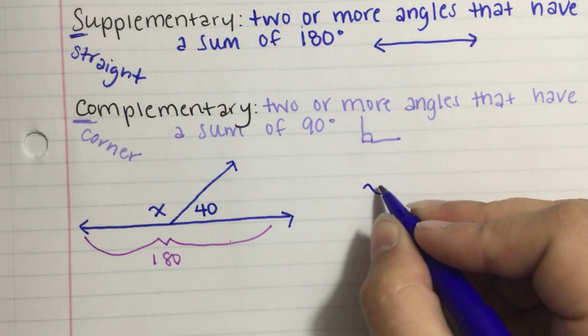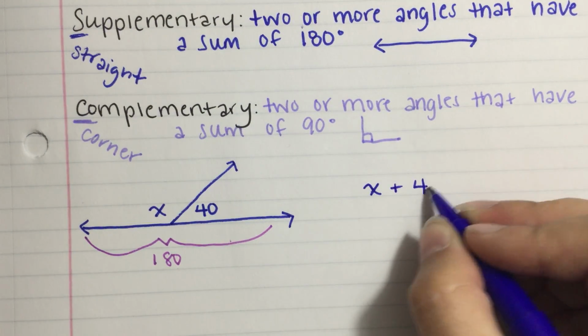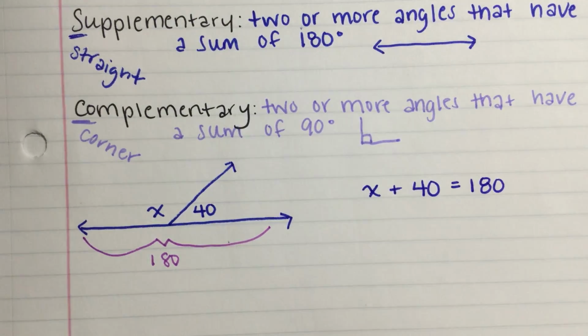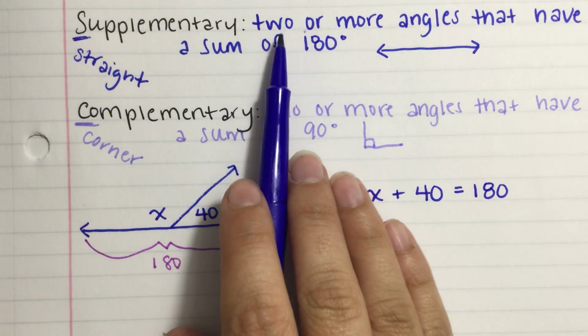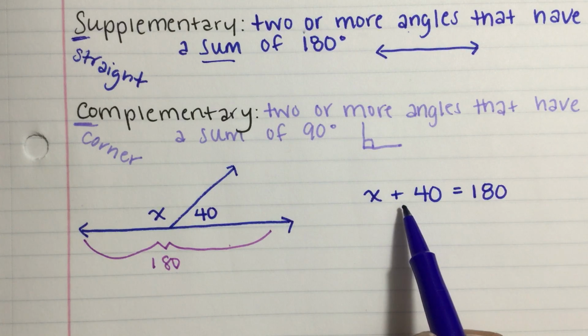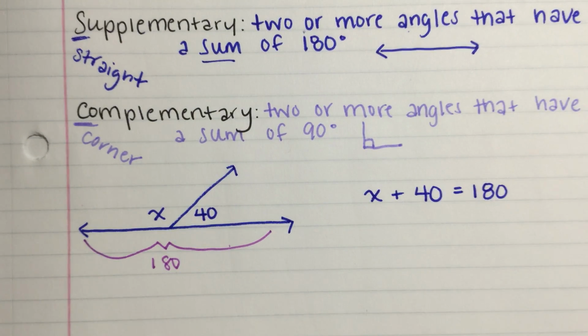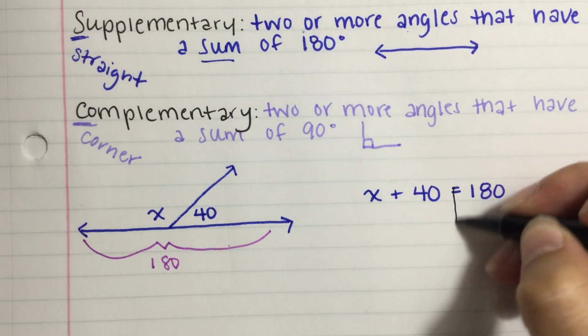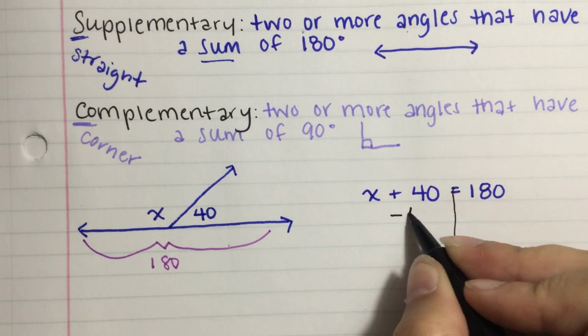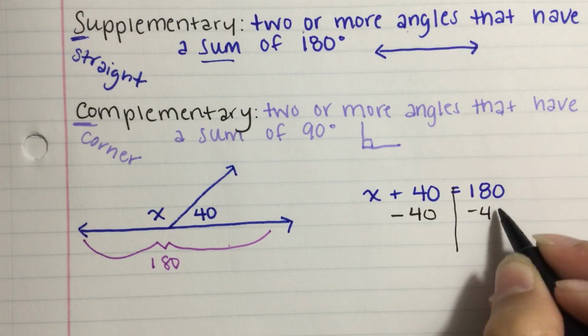We would take x plus 40 is equal to 180, because a supplementary angle is two or more angles that have a sum of 180, meaning we would add them together. And from here, I'm going to solve like a normal equation. I draw my line, and in order to get rid of this positive 40, I would need to subtract on both sides.